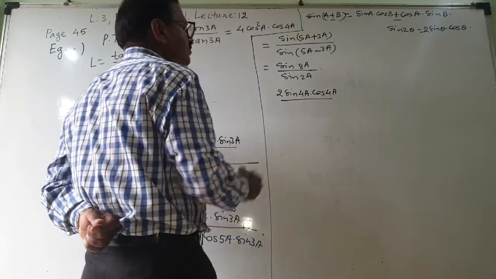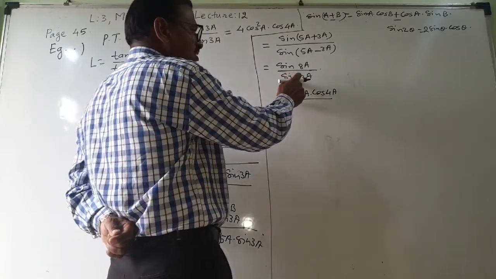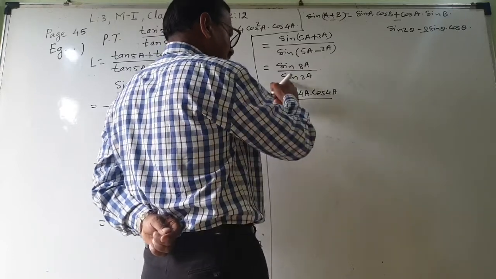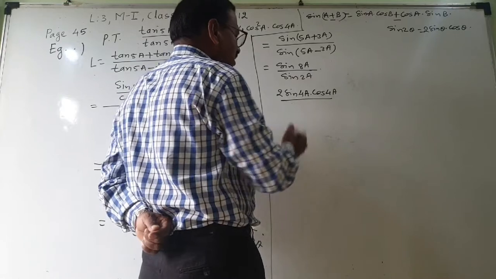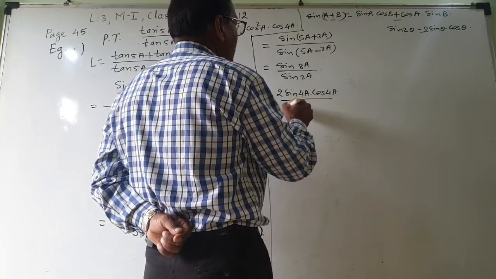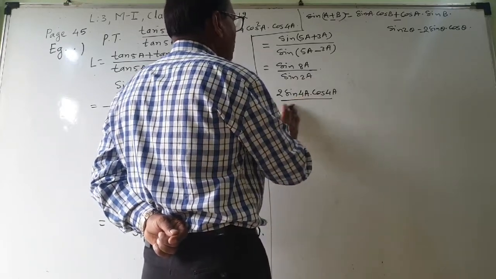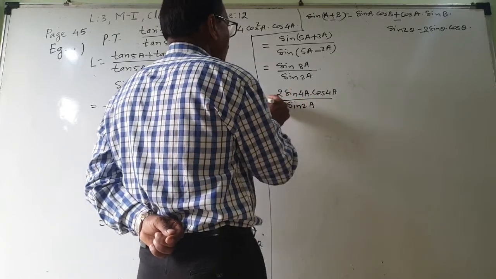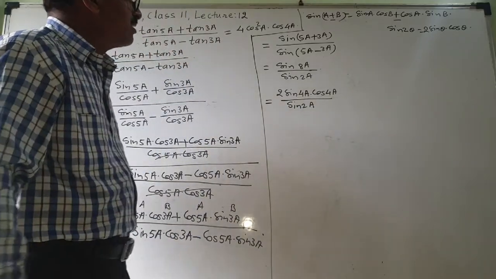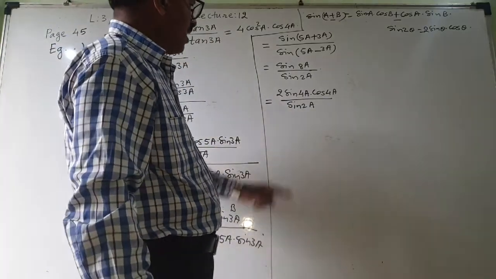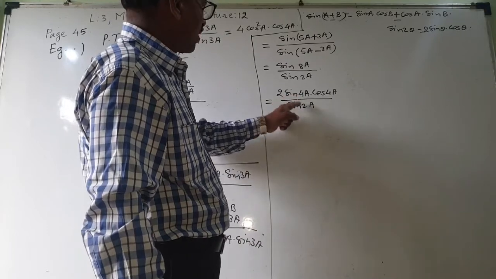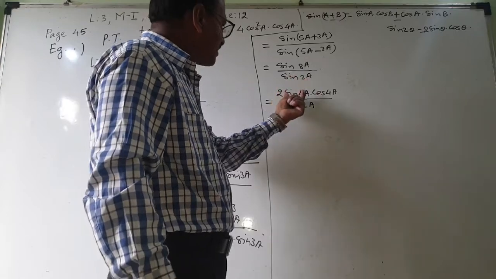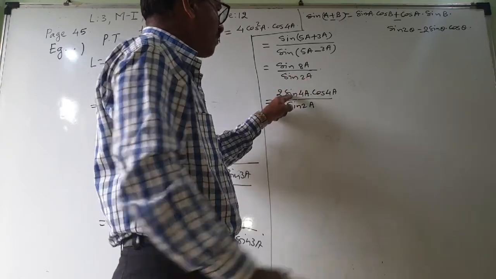So 2 sine 4a into cos of 4a upon sine 2a. This I don't want sine 2a, so I can cancel that also, or I will do it like this. For the time being I will keep it as it is, because afterwards I am getting the whole thing I want. Still I don't want this sine 4a, cos 4a I want. I will not touch this cos 4a. Now I will change it once again to the half angle formula.